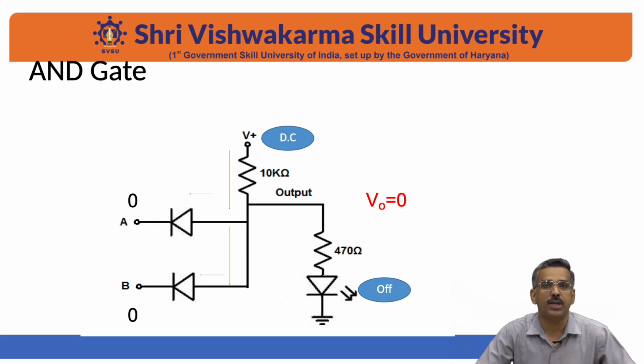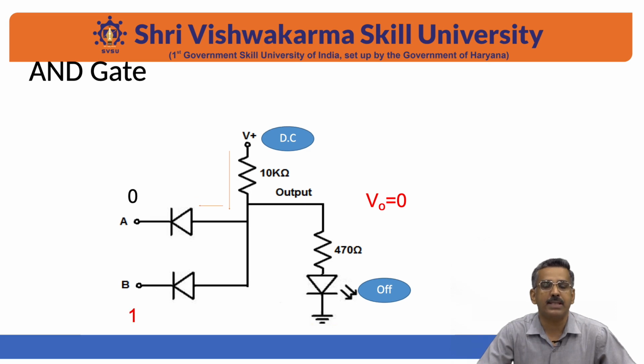In this condition both diodes will remain on and the current will exit from the 0 voltage toward the grounded side, and we will have the LED remain off. The LED will not glow in this condition, and we will have the output equal to 0.